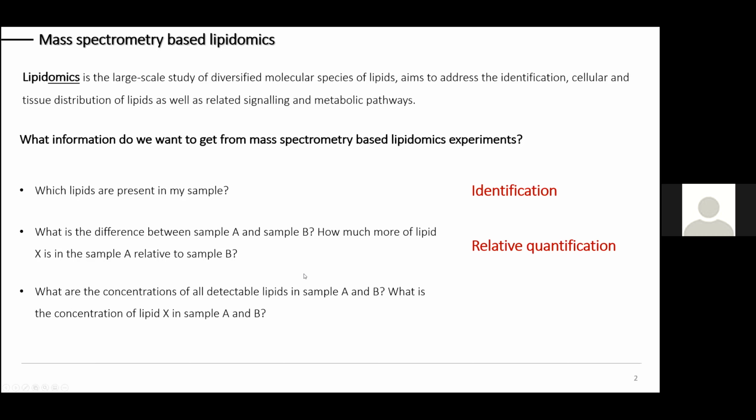And finally, we might want to know what exactly are the concentrations of all detectable lipids in our samples, or what is the concentration of a specific predefined set of lipids in samples A and B. So we want to make absolute quantification. I believe that the majority of the studies we are performing using mass spectrometry-based lipidomics can be classified to answer one of those three basic questions.